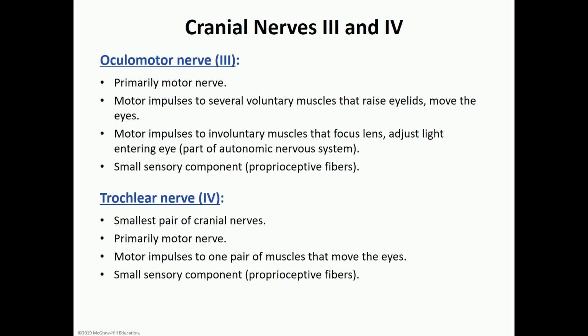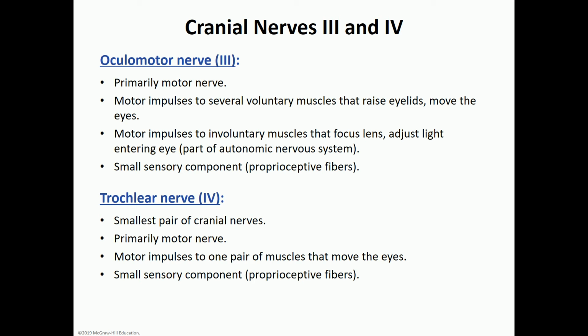Cranial nerves number 3, 4, and 6. So I'll skip 5 for a moment because 3, 4, and 6, all 3 of those are related to the eye. Cranial nerve number 2, we already said, carries vision from the eye.